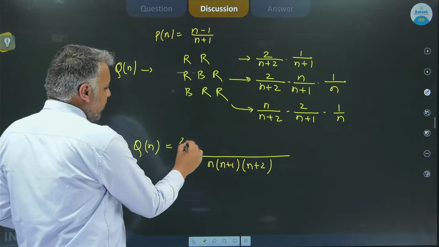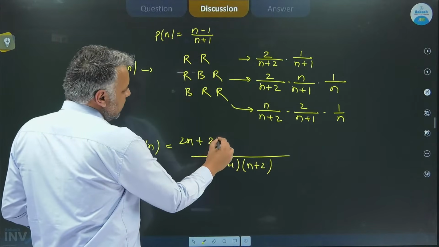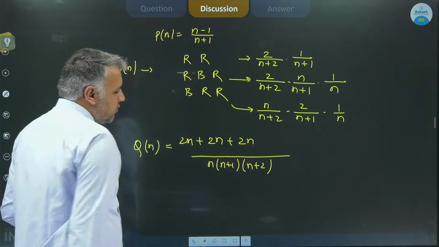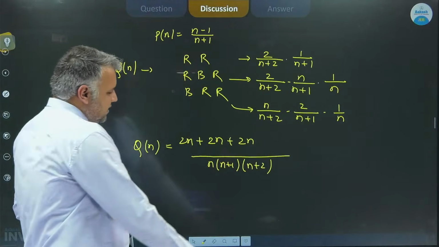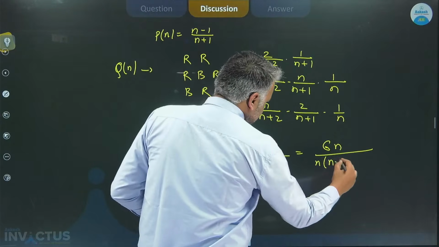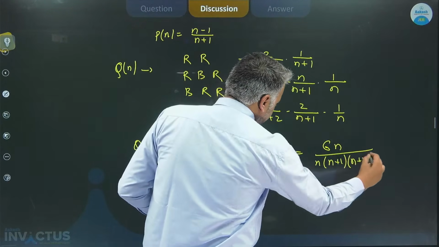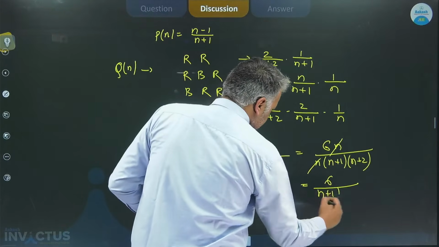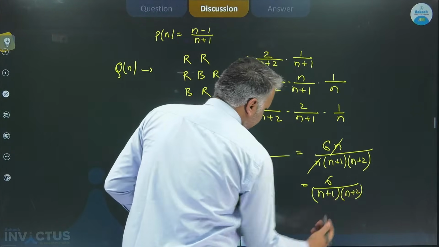So this will be 2n plus 2n plus 2n. So this is 6n divided by n plus 1, n plus 2. So finally it is 6 upon n plus 1, n plus 2.